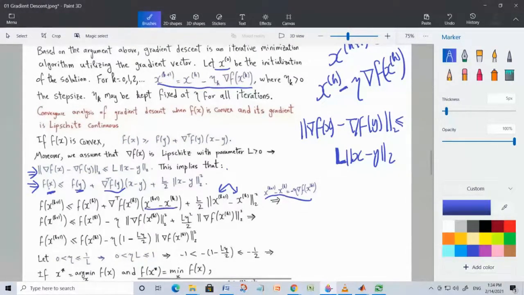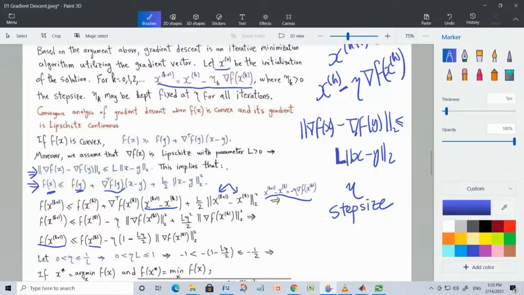You rewrite this difference in terms of the gradient, combine the terms, and get this nice inequality that f of x of k plus 1 is less than or equal to f of x of k, plus a quantity that involves the step size. This eta has several names. Optimization people call it the step size.